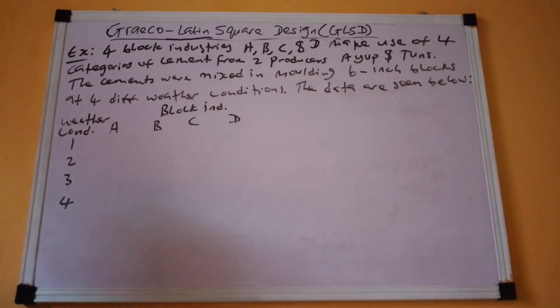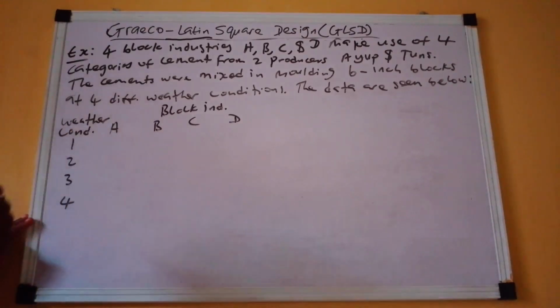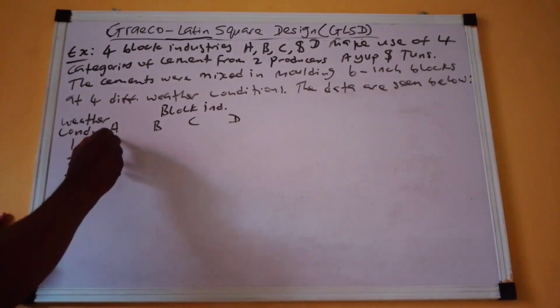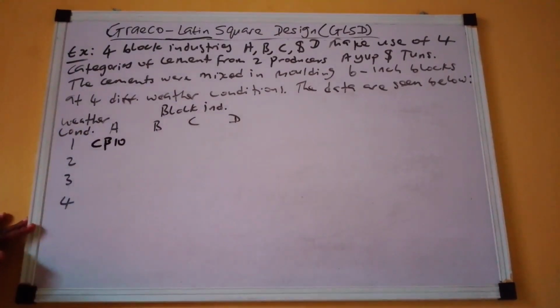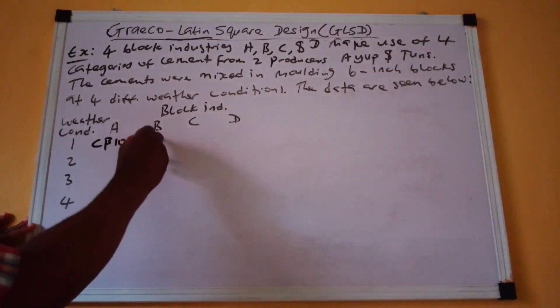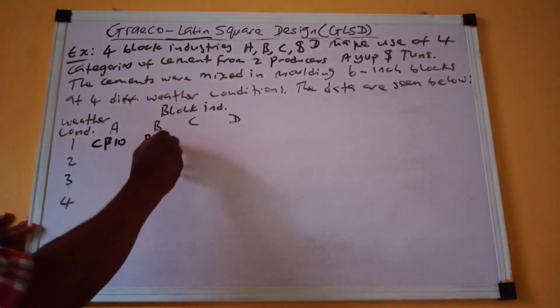Now we are going to bring out the first one. Under A is C beta, and that is 10. Then under B is B theta, and that is also 10.